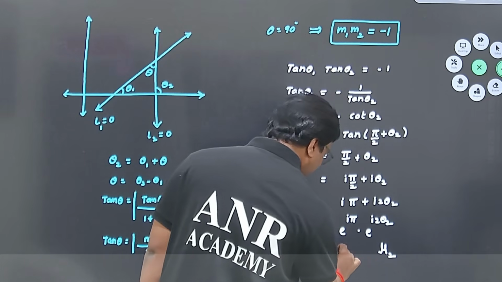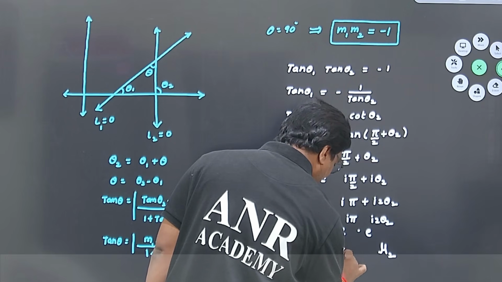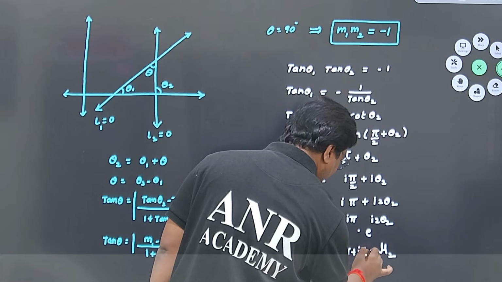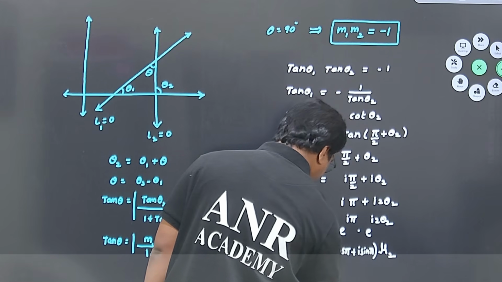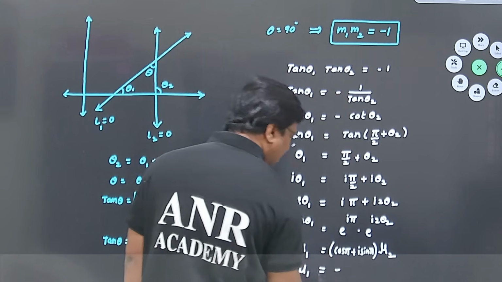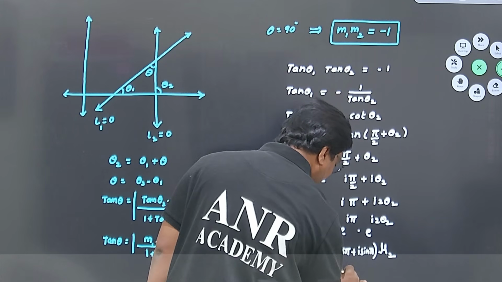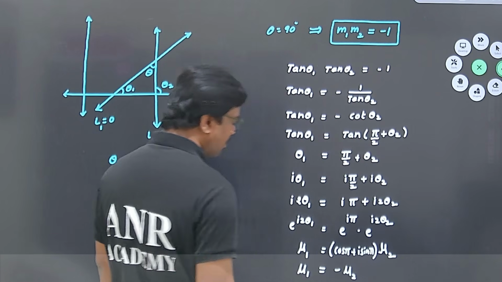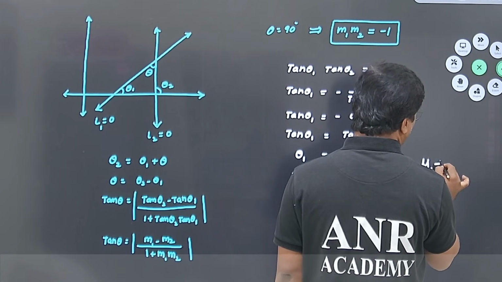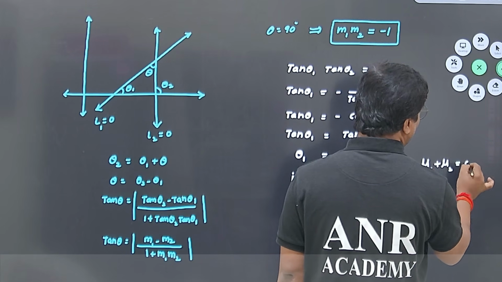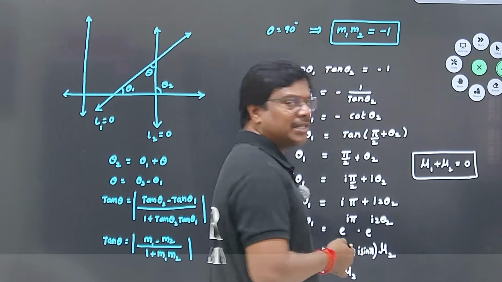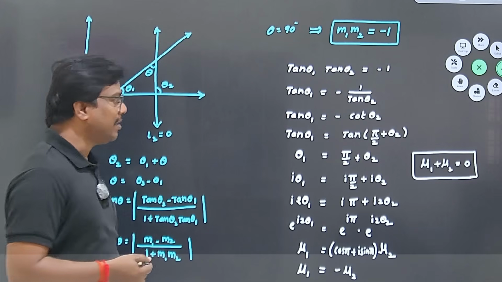So just we get here, actually it is cos pi plus I sin pi, but we get sin pi value 0, cos pi value minus 1, so that minus 1 multiplied by mu 2. So that finally you can write mu 1 plus mu 2 equal to 0. So this is the condition for perpendicularity.